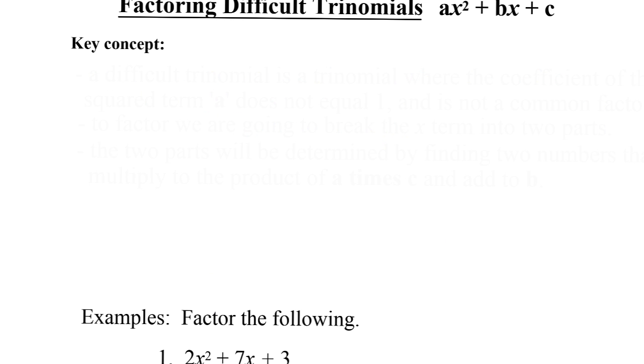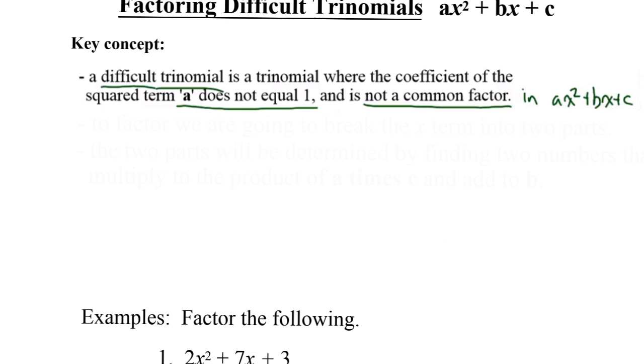So now let's talk about factoring difficult trinomials. The key concept of a difficult trinomial is that we have a trinomial where the coefficient of the squared term, our a value, is not equal to 1 and is not a common factor of everything in this equation.